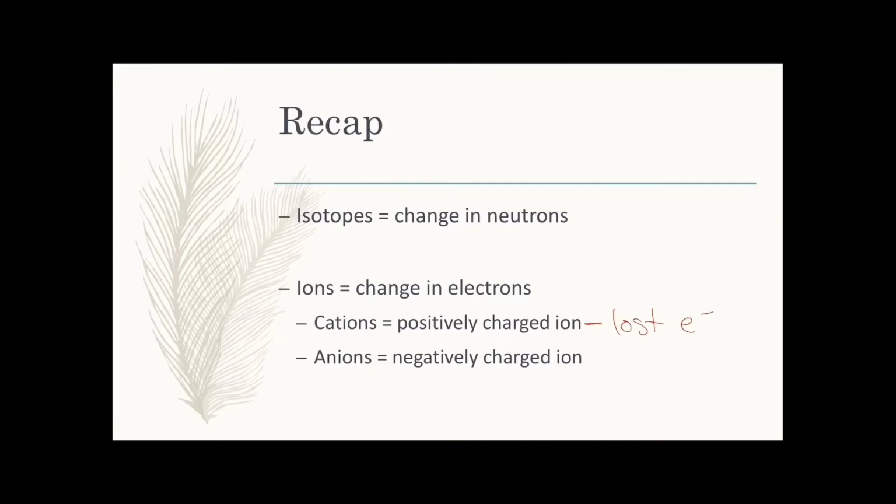Anions, these are negatively charged ions. This means they gained electrons. So this is the opposite. Positive, lost. Negative, gained. All right, so this concludes this lesson, and have a great day.